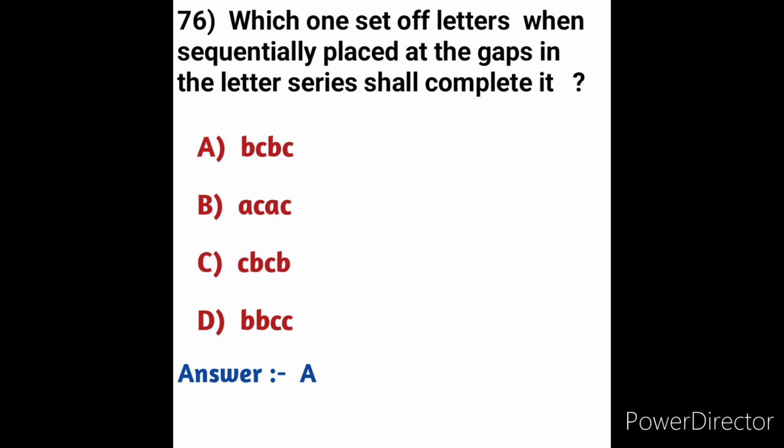Next, move on to question number 76. Which one is the set of letters that, when sequentially placed at the gaps in a letter series, shall complete it? Okay friends, we will see the options. Option A, BC. Option B, AC. Option C, CB. And option D, BB, CC.